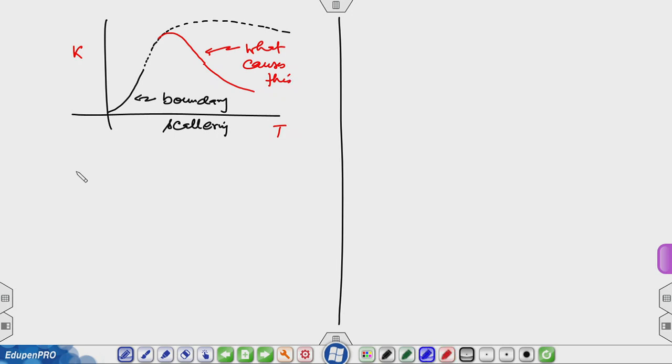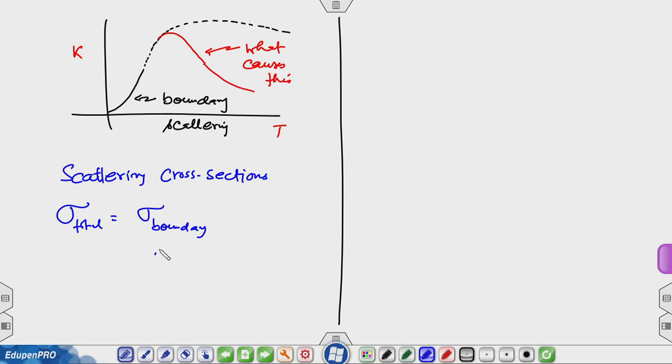If you look at the scattering cross sections, what we have considered is, let us call it sigma total is sigma boundary scattering plus sigma other mechanisms, and it is these other mechanisms that are causing this behavior where the conductivity comes down exponentially.